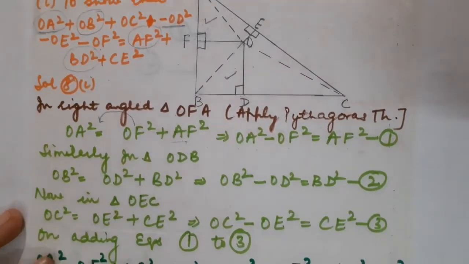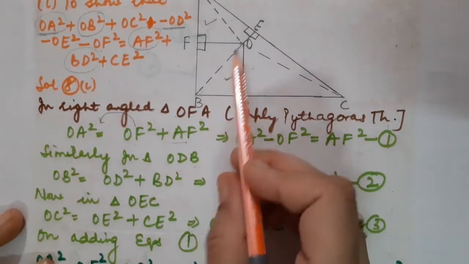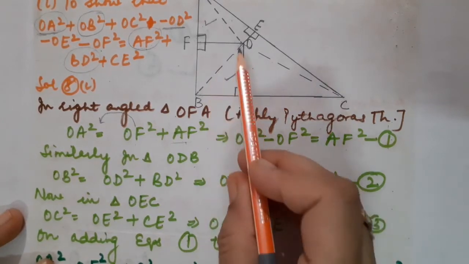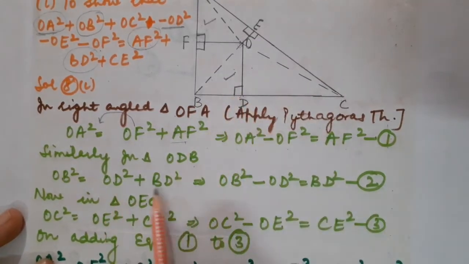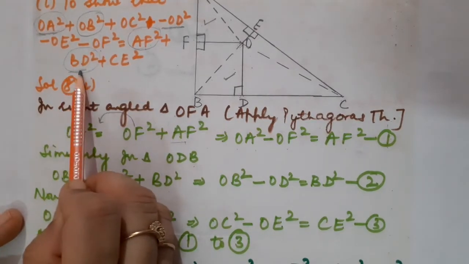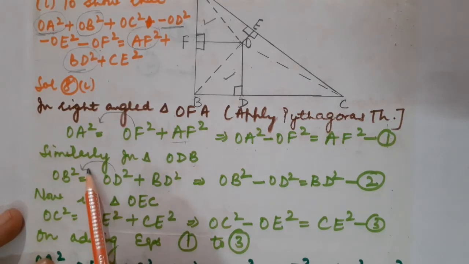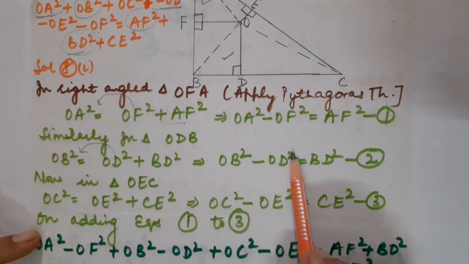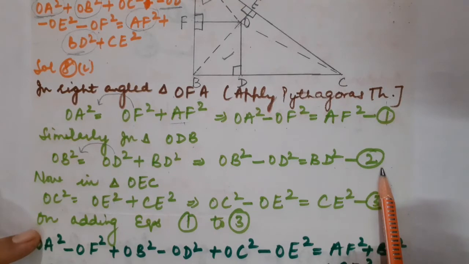Now similarly in triangle ODB, again apply Pythagoras theorem. OB is the side which is opposite of 90 degrees, so it would be hypotenuse. So OB square is equal to OD square plus BD square. Now what do I want on right hand side? I want only BD square on right hand side. So leave it here and take OD square on left hand side. It would become OB square minus OD square is equal to BD square. Let it consider as equation number 2.